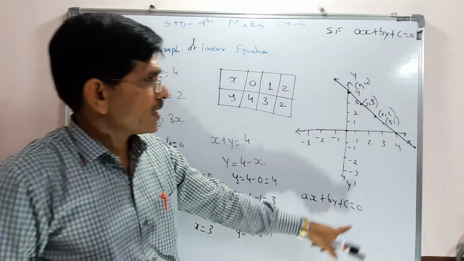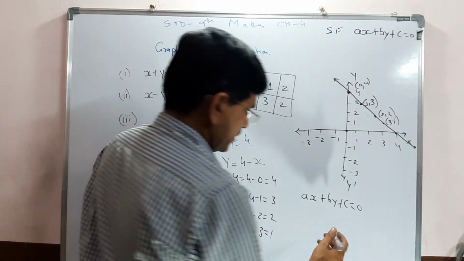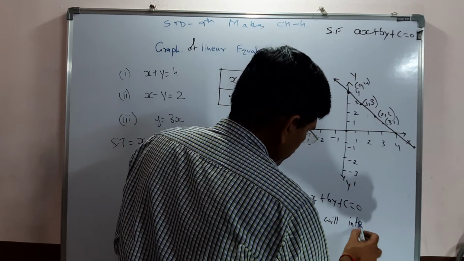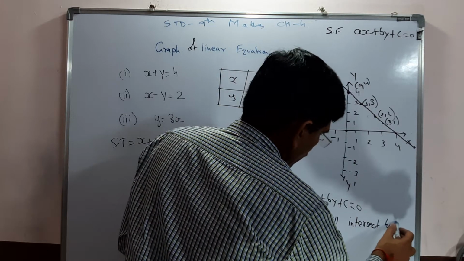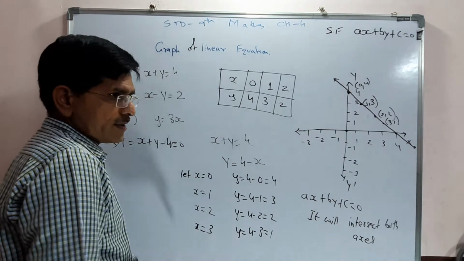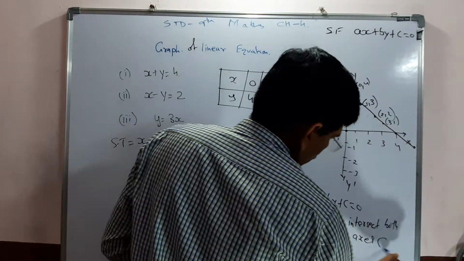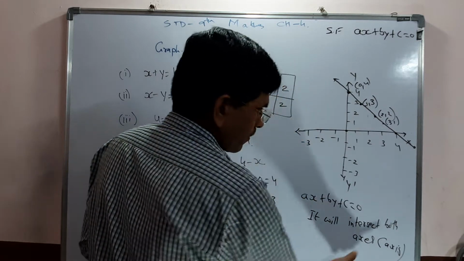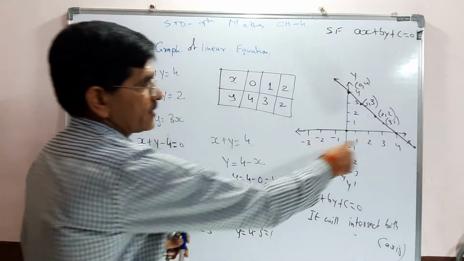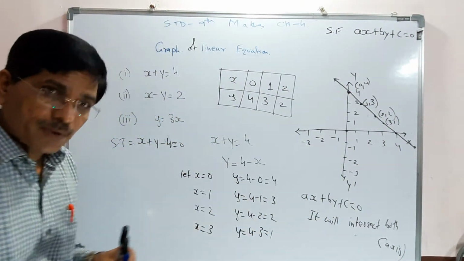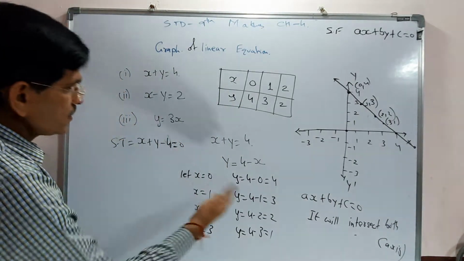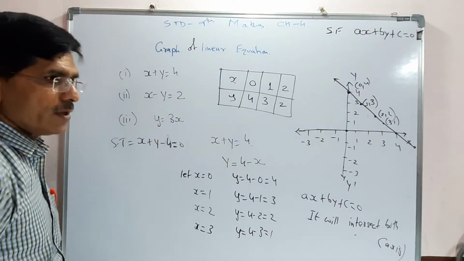In this standard form, the graph will intersect both axes, the x axis and the y axis. There are 6 different types of graphs; out of these we have discussed one. I always assume 1, 2 and 3 digit values and we can draw the graph.